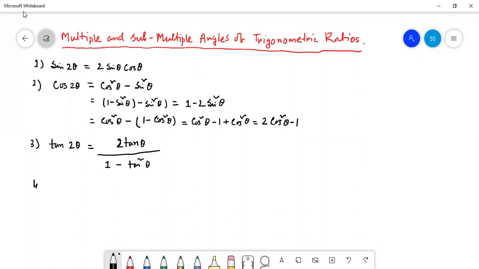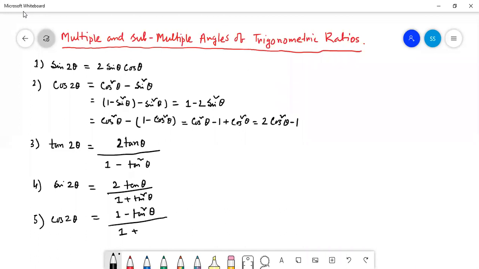And now sine 2 theta can be written in terms of tan theta, that is 2 tan theta by 1 plus tan square theta. And number 5, cos 2 theta can be written in terms of tan theta also. So cos 2 theta is equal to 1 minus tan square theta by 1 plus tan square theta.